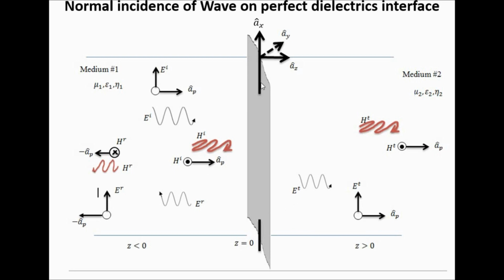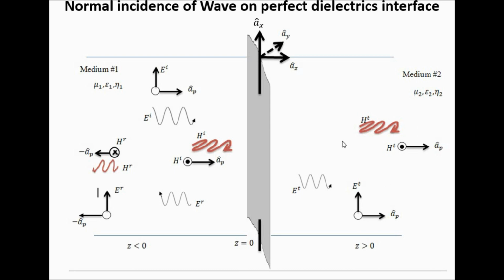Always keep in mind that your boundary system will look like this. It will have two mediums, medium 1 and medium 2, and the interface, and we have 6 waves total: electric field incident wave, magnetic field incident wave, electric field reflected wave, magnetic field reflected wave, electric field transmitted wave, and magnetic field transmitted wave.